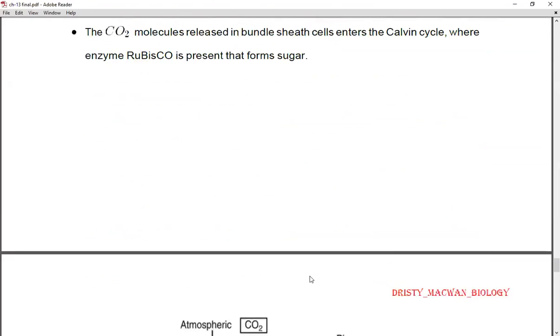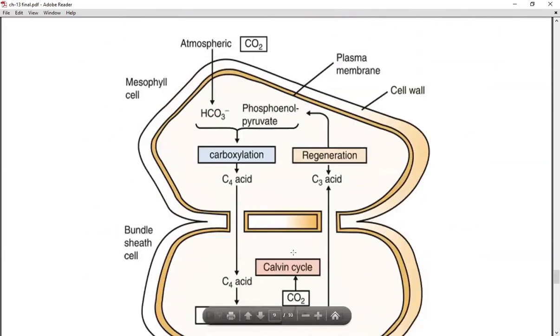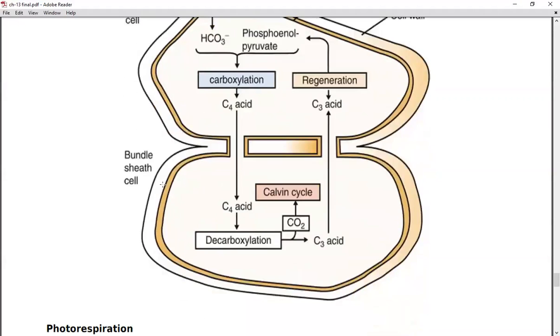So now we will see the figure of this pathway, right? As you can see over here, this is the phosphoenol pyruvate. First, the upper cell is the mesophyll cell, and the lower cell is the bundle sheath cell, right?